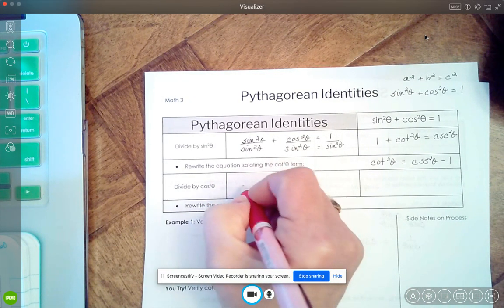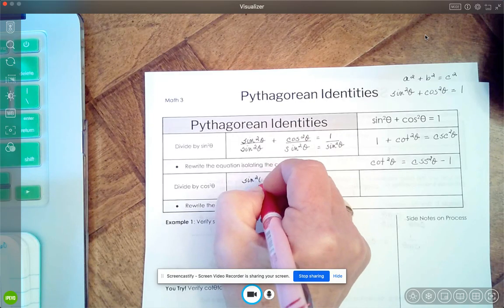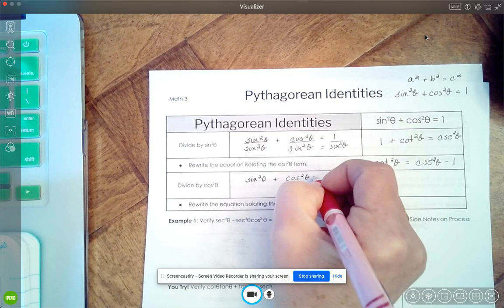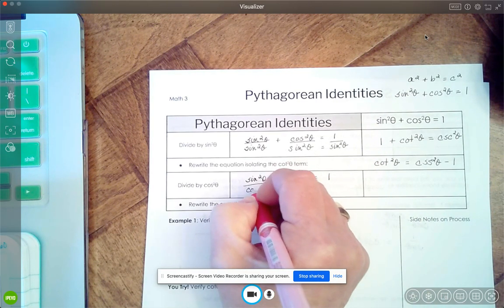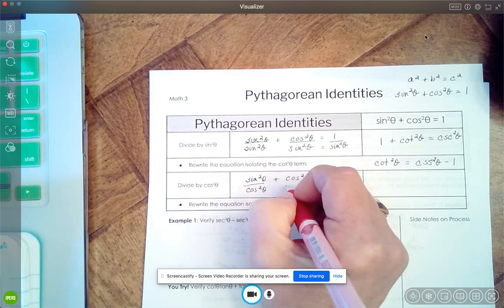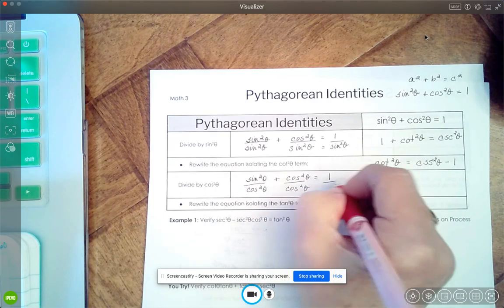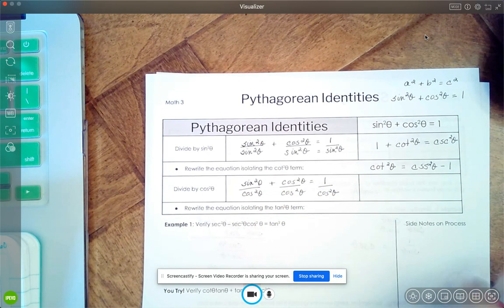If I divide everything by cosine squared, sine squared of theta plus cosine squared of theta is 1. Divide everything by cosine squared of theta, and then simplify it.